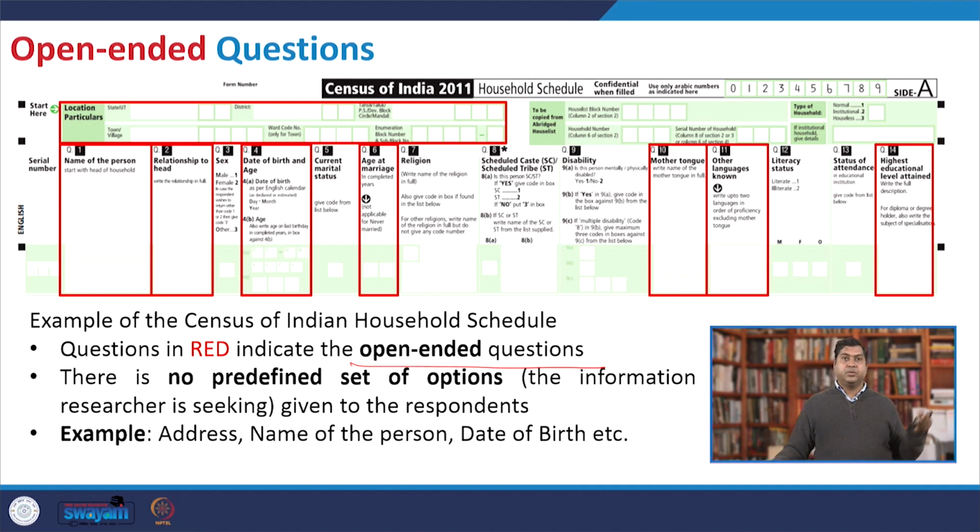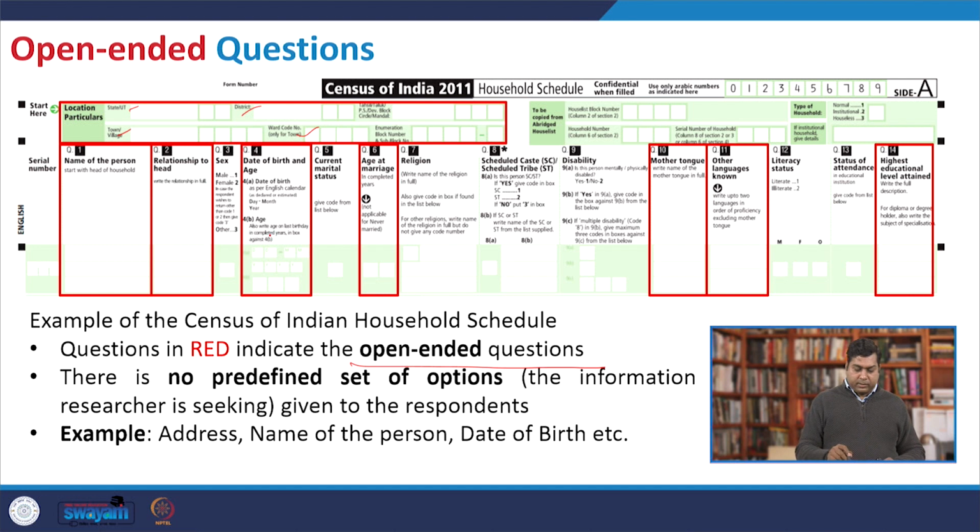If the head of the family in a particular household is the working male, then when you fill out the information for his wife, the relationship will be spouse or wife. It could also be daughter, son, etc. There is other information like the location, village, district, house number, etc., which will mostly be available with the surveyor taking part in this household survey.